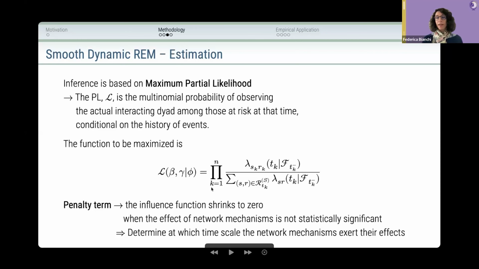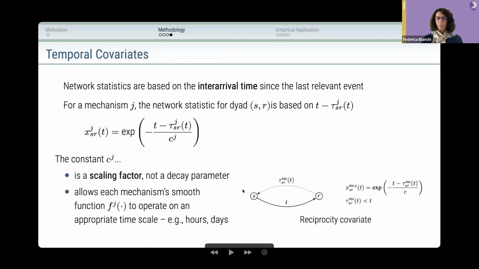The idea is that not all of these internal clocks are equally important, so they do not contribute equally to the log rate. So to keep track of these internal clocks of network mechanisms, our network statistics are defined in terms of inter-arrival time since the last relevant event.